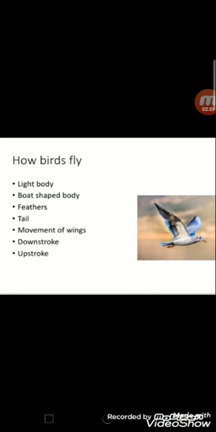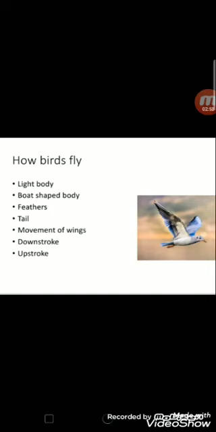Boat shaped body, they have a streamlined body which helps them to fly easily in the sky. Feathers, the wings have feathers attached to them which help birds fly high in the sky. Tail, the tail of a bird helps it to change direction while flying.